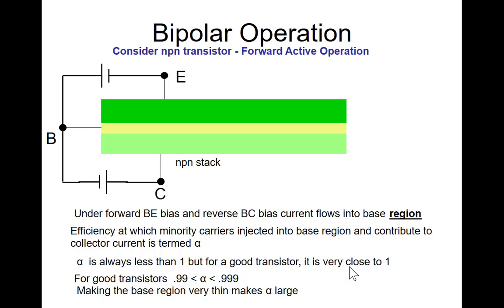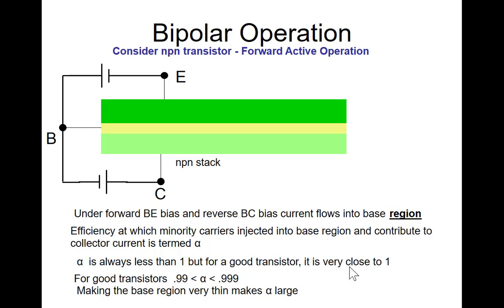Alpha is always less than 1, of course, but for what we consider to be a good bipolar transistor, which we'll see why that's important later, alpha is very close to 1. For a good transistor, alpha is typically between 0.99 and 0.999. Between 99% and 99.9% of the minority carriers become contributors to the collector current.